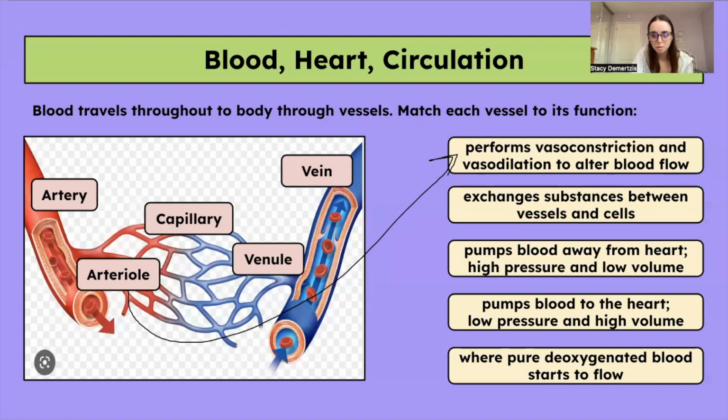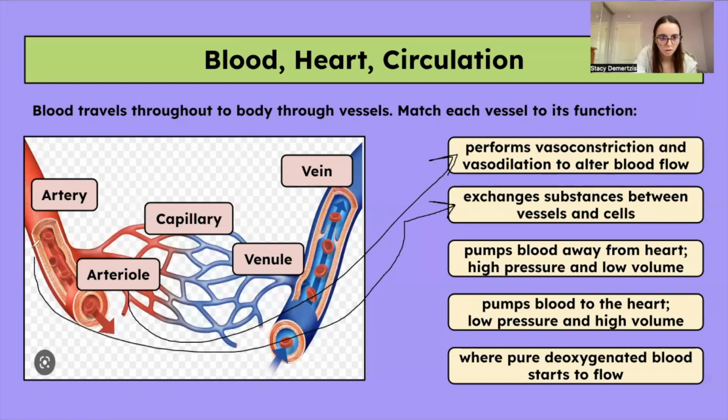Oh, and I lost my mouse. Okay, let's see if I can get it back. Yeah, so systemic arteries pump blood away from the heart. And within these systemic arteries, we have a lot of pressure, not a ton of volume, but this is where a high pressure is found.